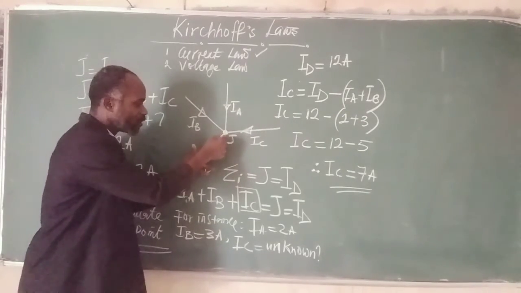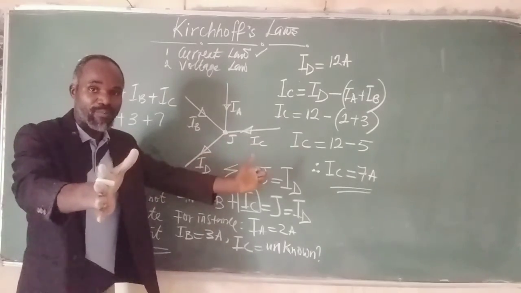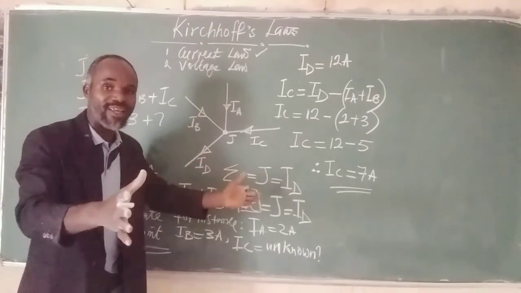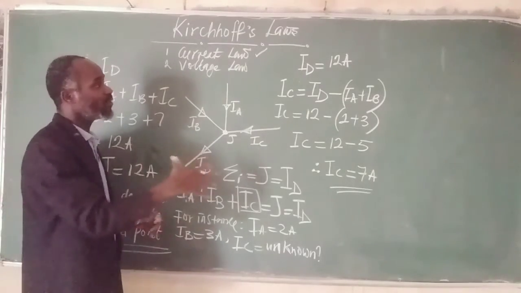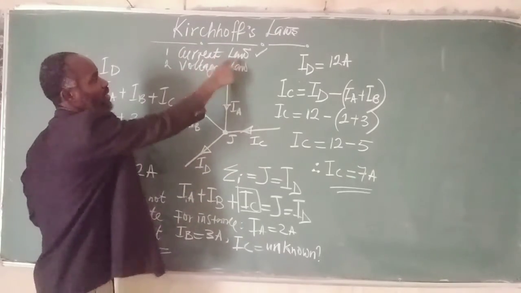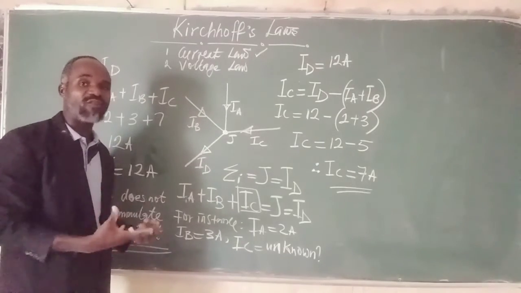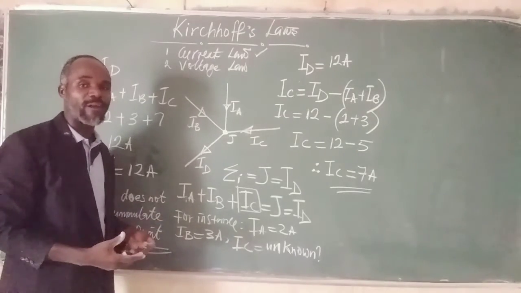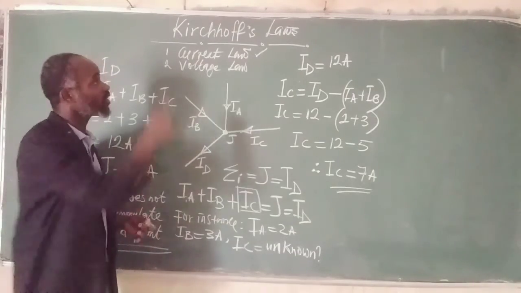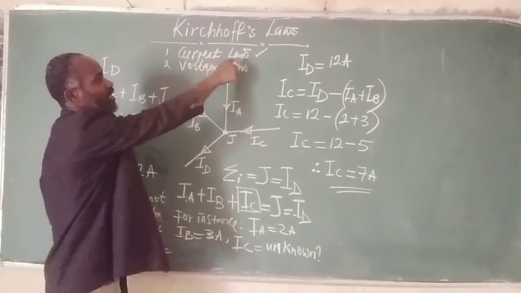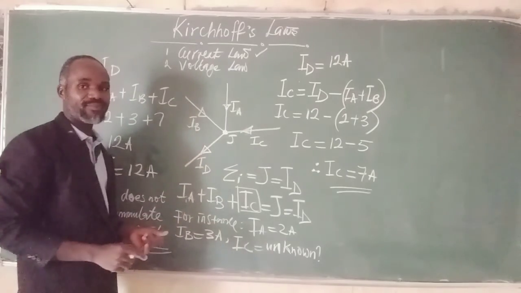They will meet at this point and flow away. There must be a way of flowing away. That's what it means, and it is very, very important in solving anything that has to do with Kirchhoff's current law, by the time we delve into different types of electrical circuits that need the application of Kirchhoff's laws, both current law and voltage law.